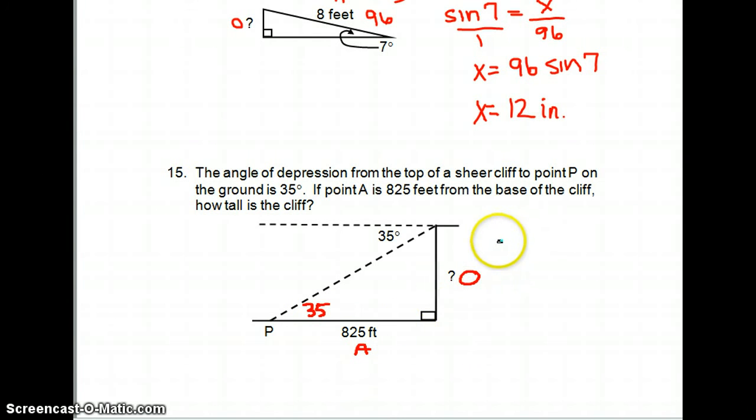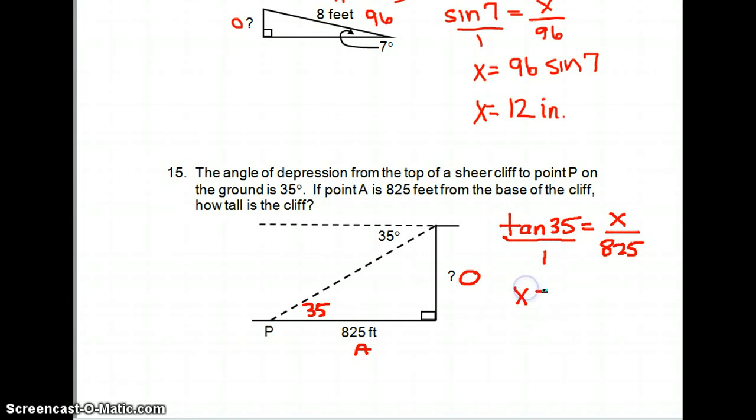O and A, we're going to use tangent. So tangent of 35 equals opposite x over adjacent 825. How tall is the cliff? So let's see. We're going to cross multiply.